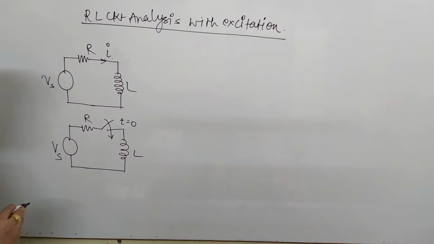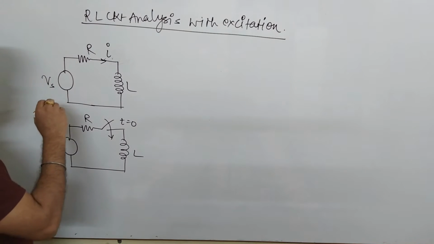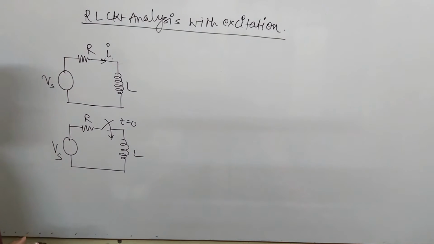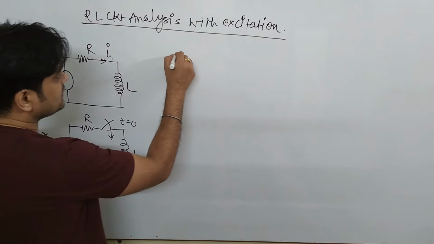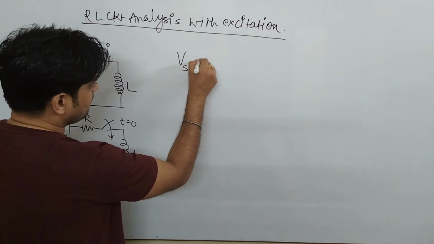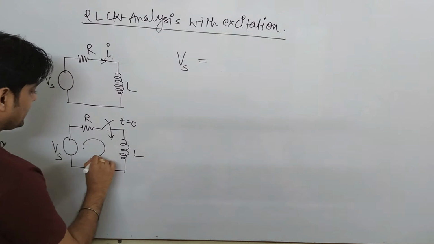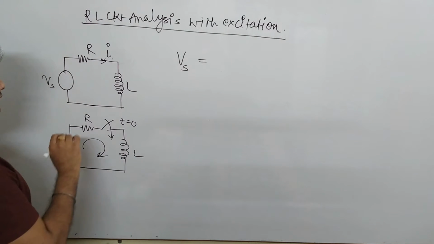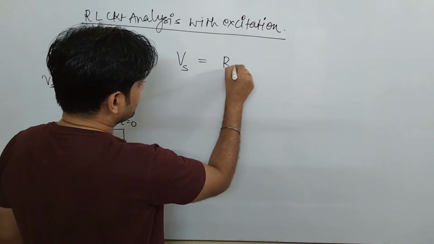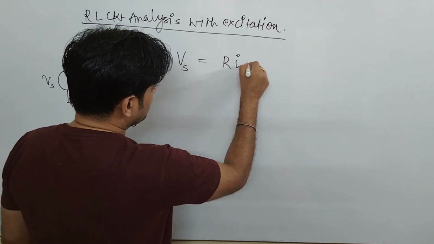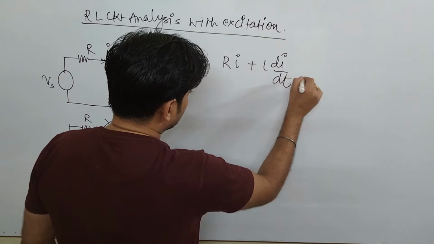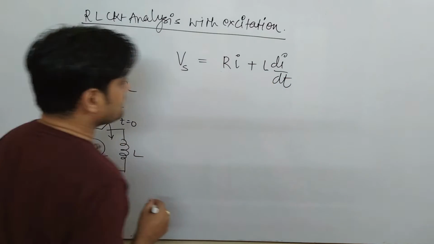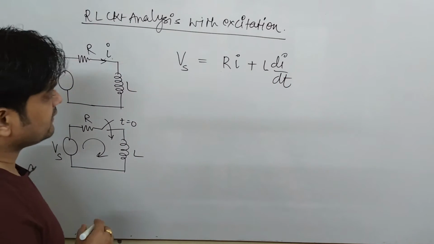So from this network, at t equal to 0, the switch is closed. If I apply KVL here in this manner, you can say that Vs is equal to R into the current flowing I plus L di by dt, the voltage across the inductor, which we have already seen in our previous video.